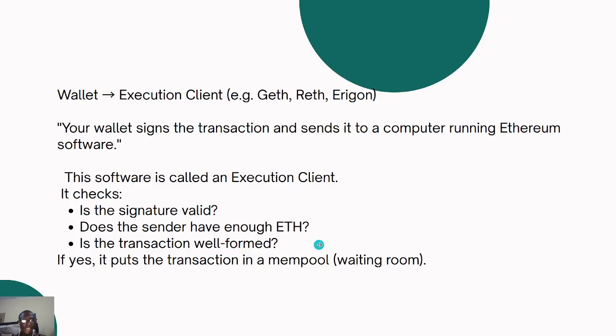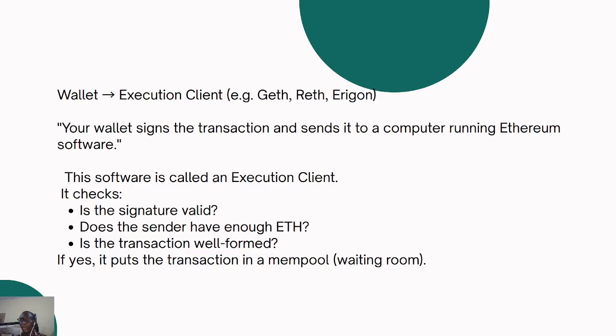And then the next thing it does is check, is the transaction well formed? Every transaction has a template. The reason I don't want to dwell here is because the emphasis is not just to see the details behind a transaction. I want to show you the flow.